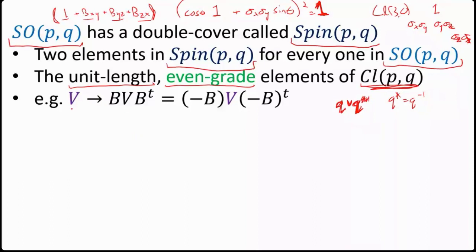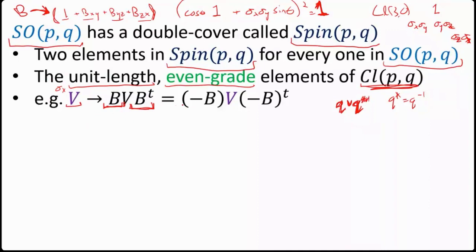Okay, but basically in a Clifford algebra, if we have a vector, like maybe sigma x, we can rotate it by doing a double-sided transformation with an even B like one of these. It's a unit length even grade member. You can think of it as a quaternion if you want.